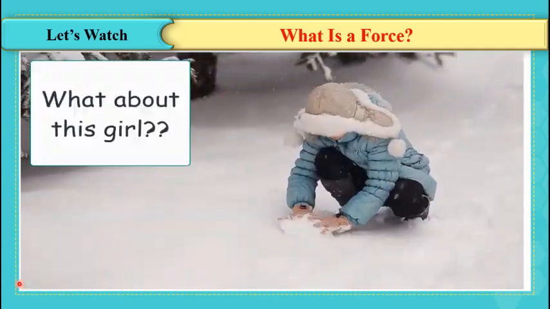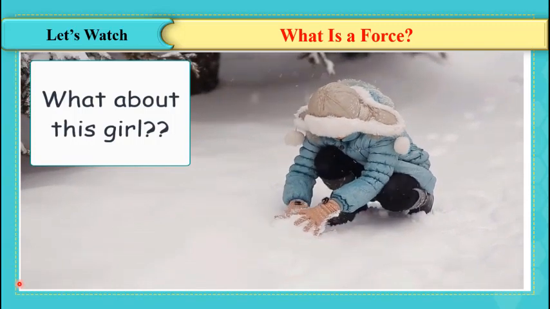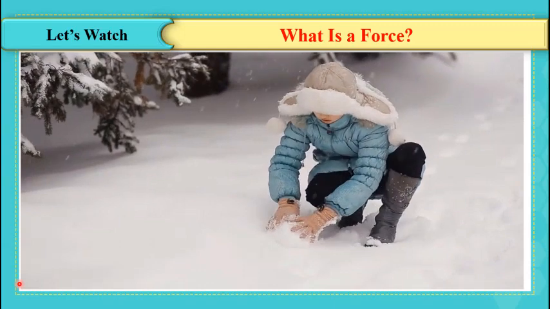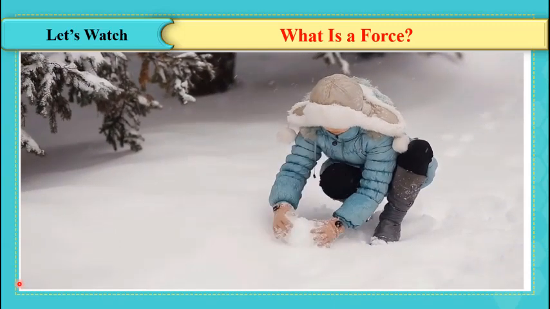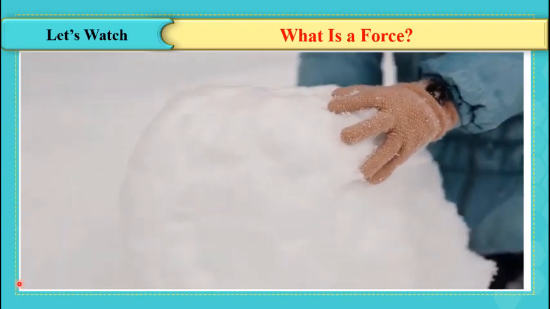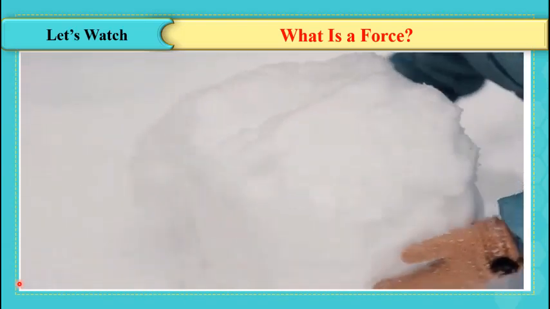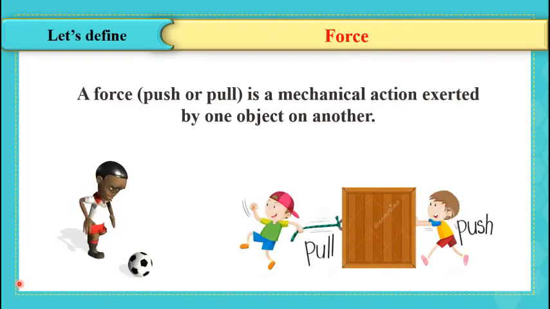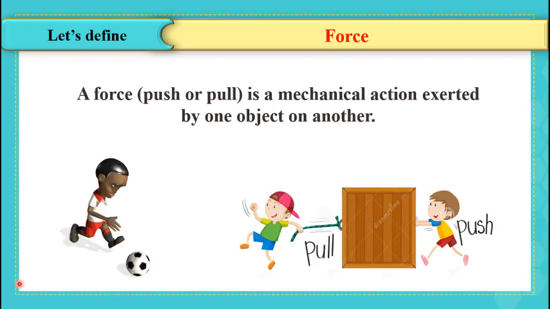What about this girl? She is pressing on the snow and pushing it to build a snowman. Actually, all these actions, pushing, pulling, holding, pressing, attracting, are actions exerted by one object on another. Actually, we can define a force, push or pull, as a mechanical action exerted by one object on another.